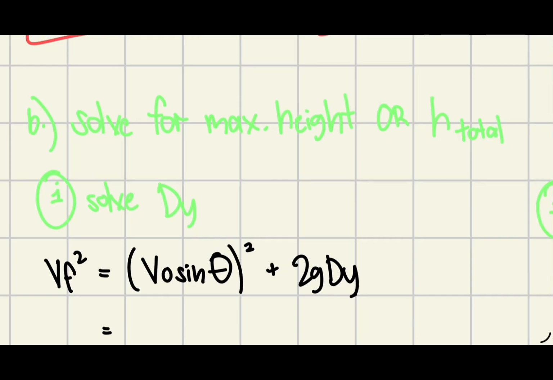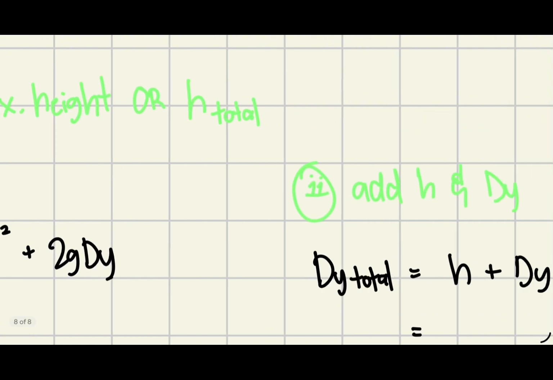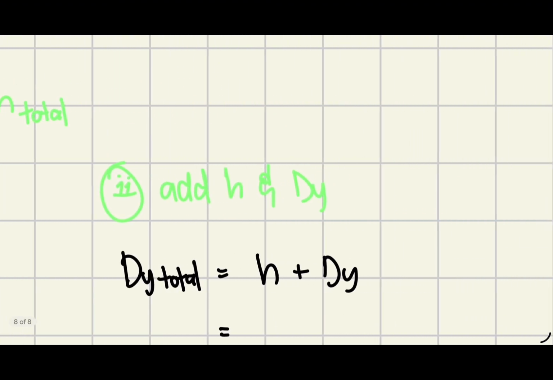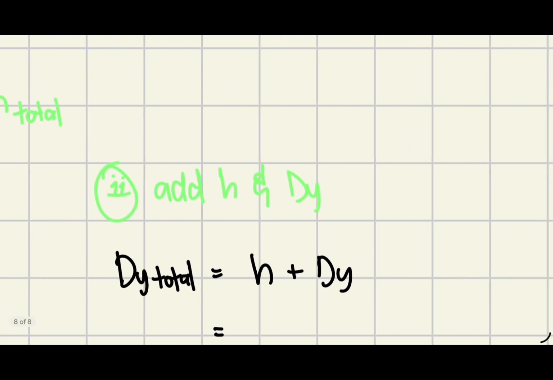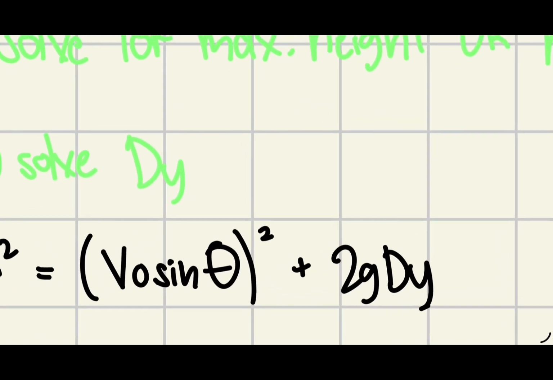So we have the first step, solve for d of y, and then the second step, we just add the height and the vertical displacement. So let's go for number 1.